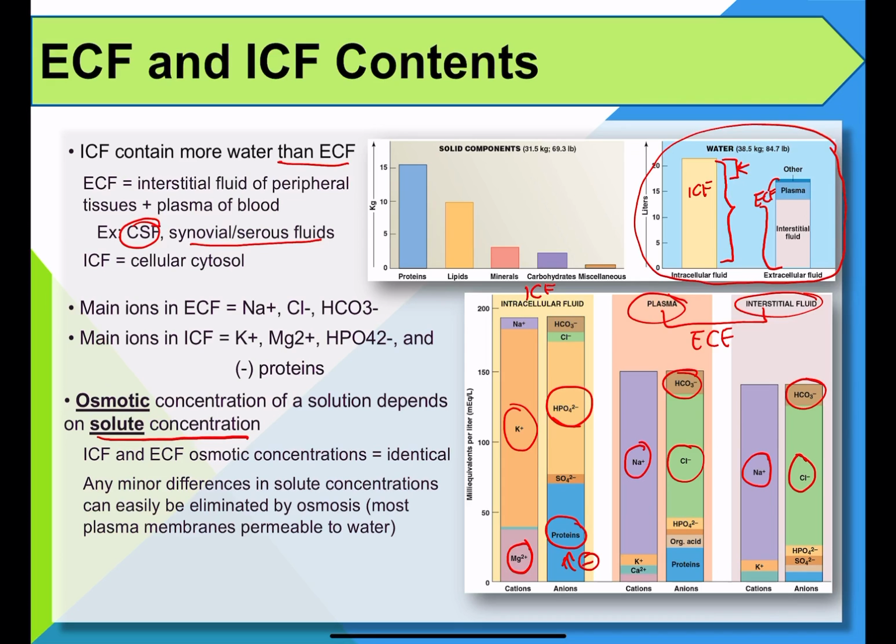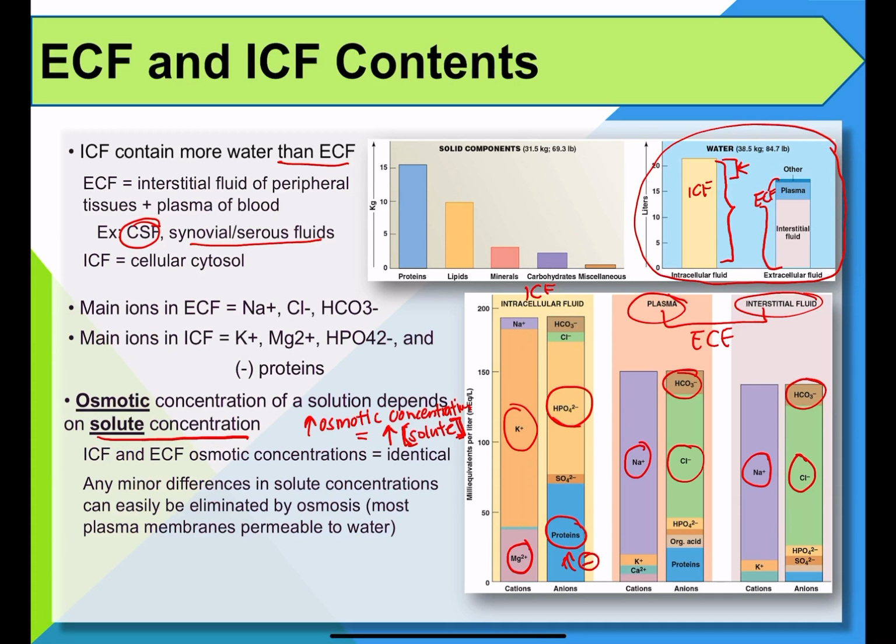Whenever I talk about osmotic concentration, remember to think of it as how much stuff or solutes you have in solution. So higher osmotic concentration always means higher solute concentration. These brackets mean concentration, if you remember from your chemistry class.